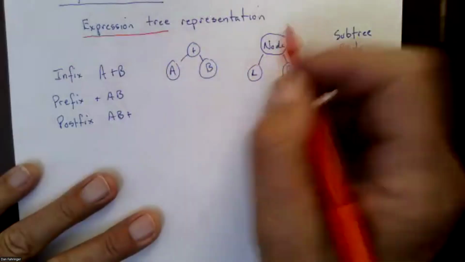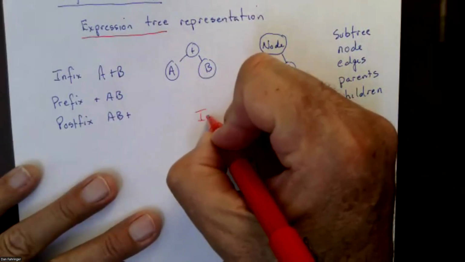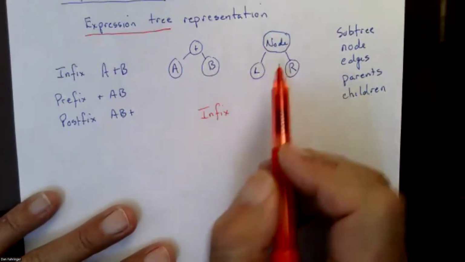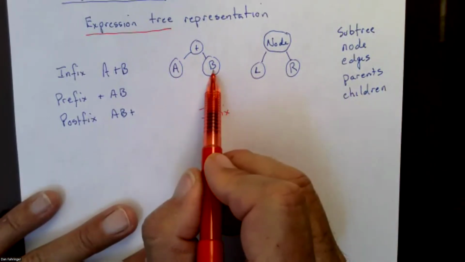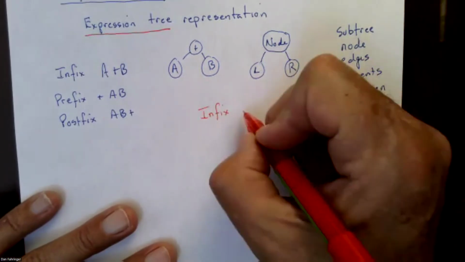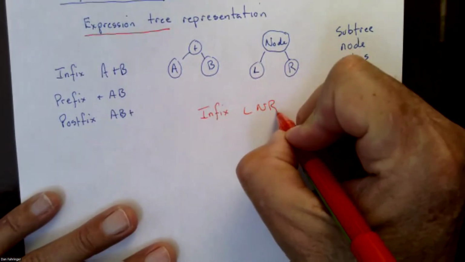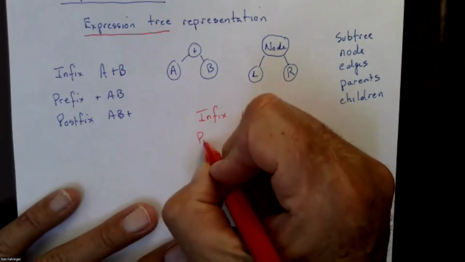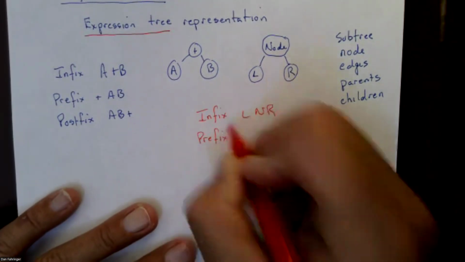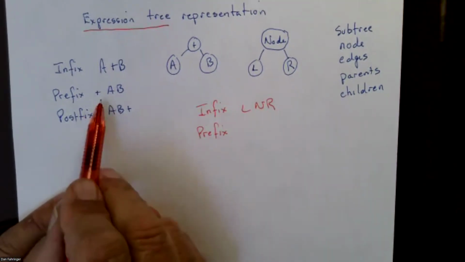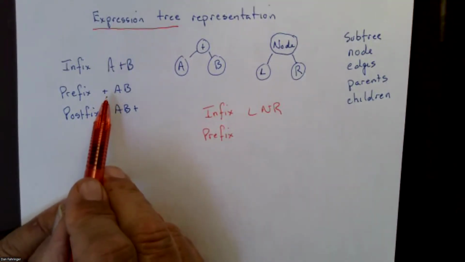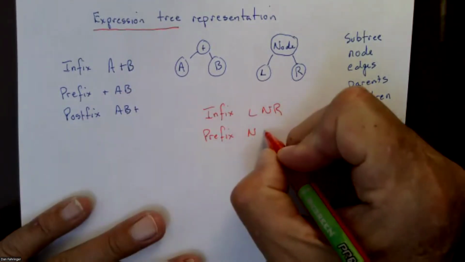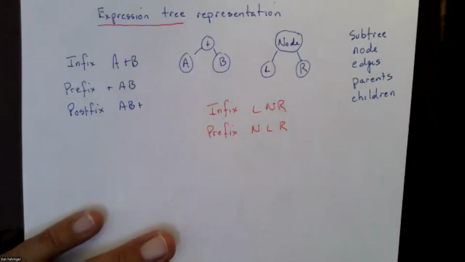So if we're all good with that, I want to come over here. And when we refer to something that's an infix tree, we go A plus B, left node right. Something you'll get really good at as we go. Prefix. That looks like it's the node first, then the left and the right.